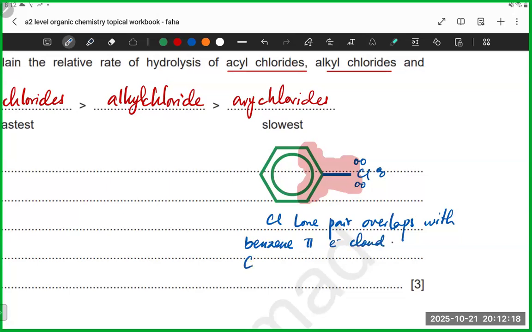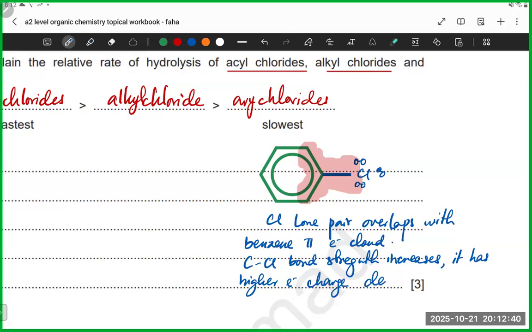So the C-Cl bond strength increases, and it has higher charge density. And it repels nucleophiles, which is water.